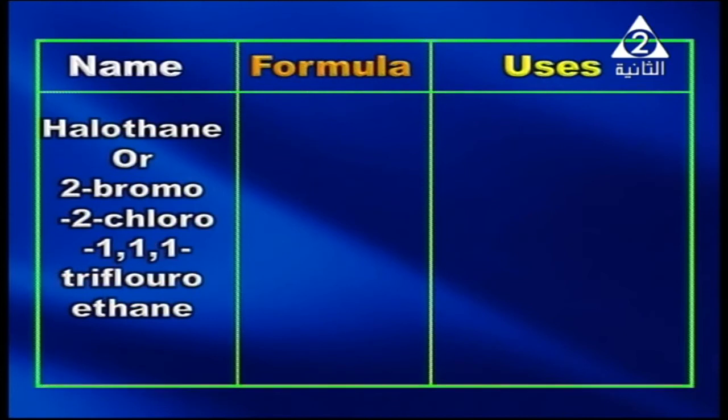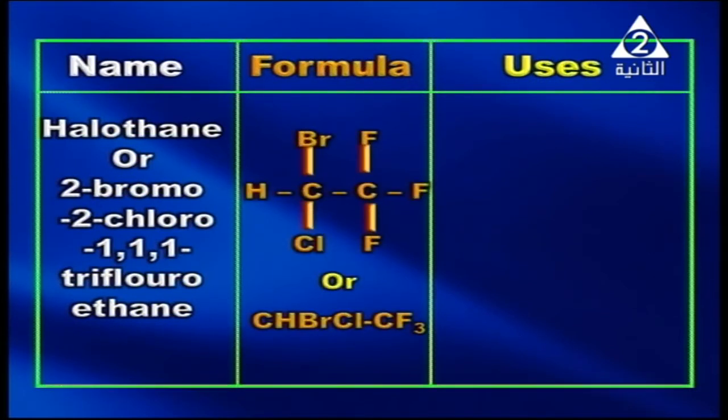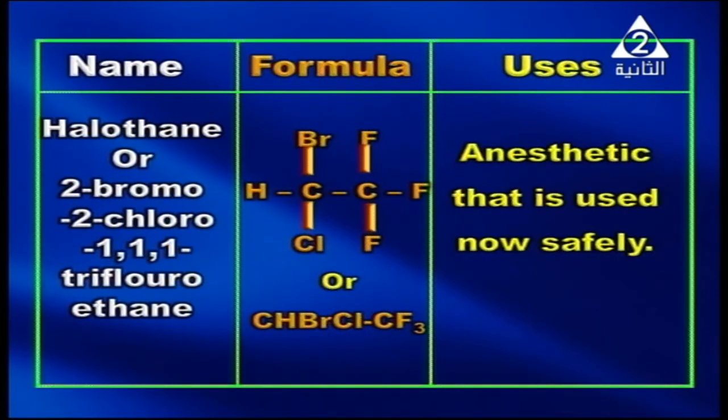Another compound, halothane or 2-bromo-2-chloro-1,1,1-trifluoroethane, as shown by the structural formula on the screen, or molecular formula CHBrClCF3. Its use is as an anesthetic substance that is used safely now.